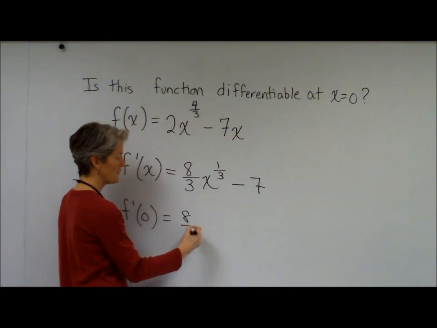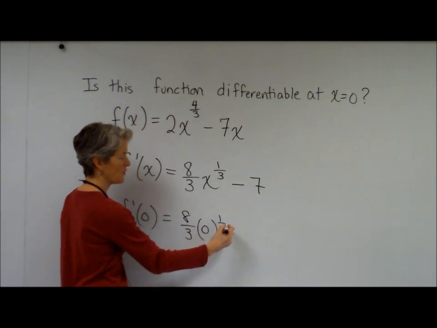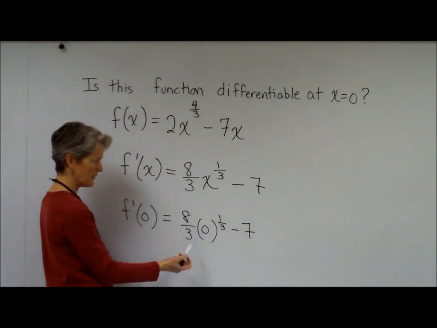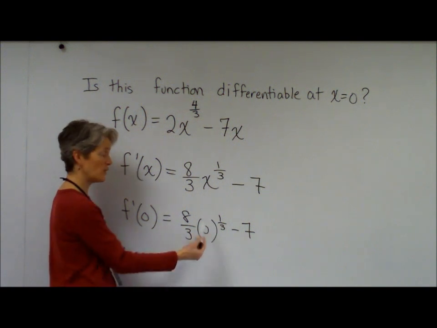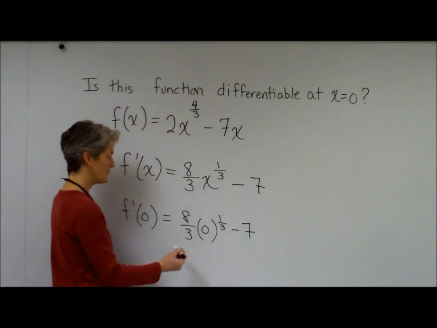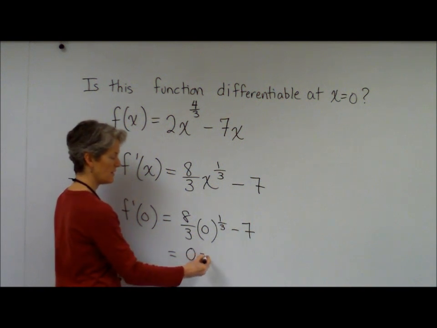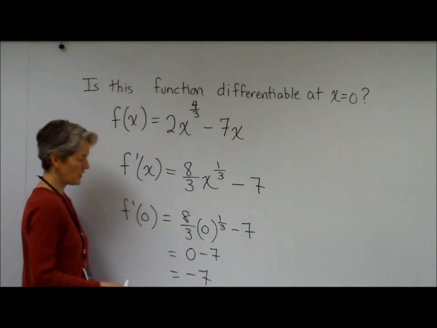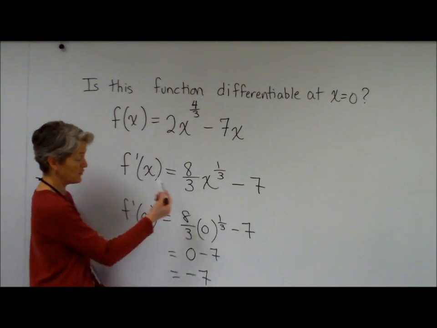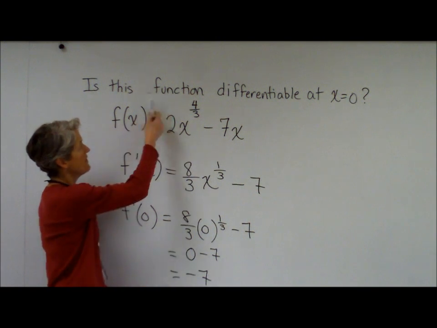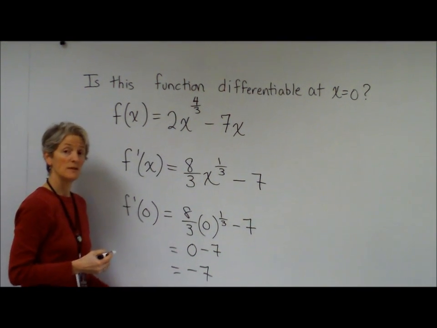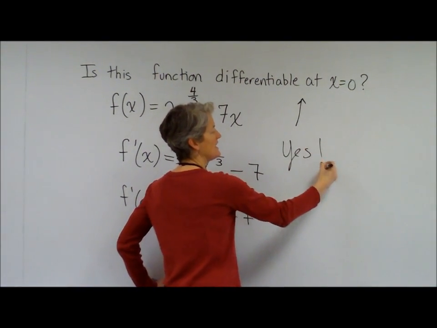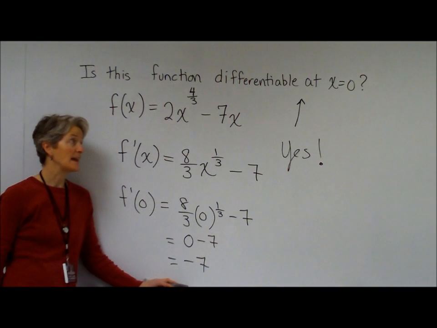How am I doing so far, Haas? Looks good. I'm just substituting in that 0. Any problems here? I don't think so. 0 to the 1/3, the cube root of 0 is 0, times 8/3 is 0, minus 7. My slope is -7 when x equals 0. My derivative exists. So this function is differentiable at x equals 0. I would answer this question with a resounding yes.